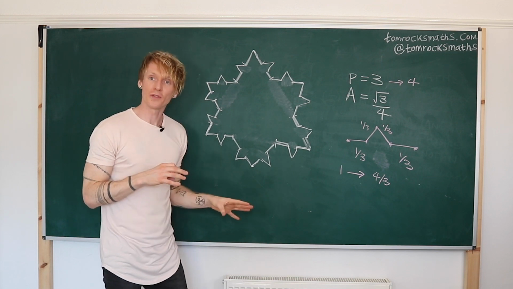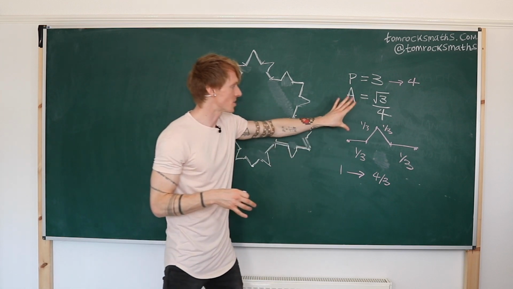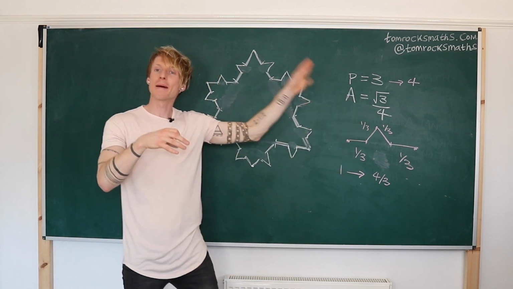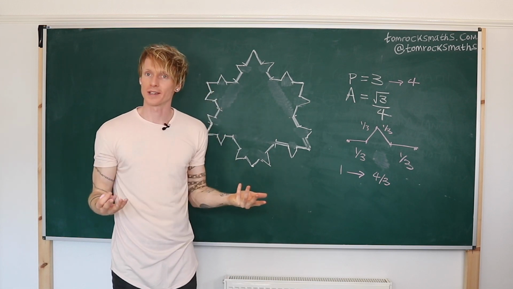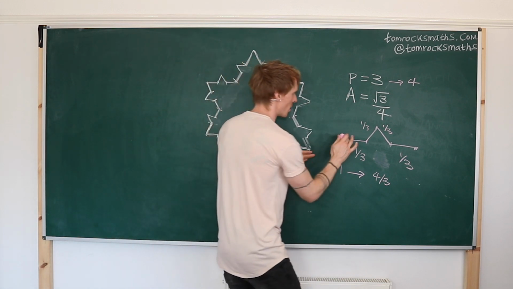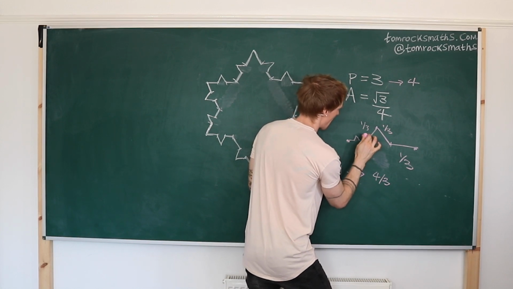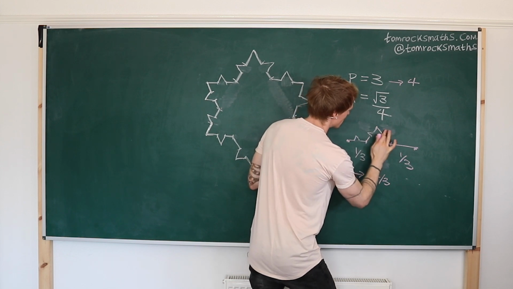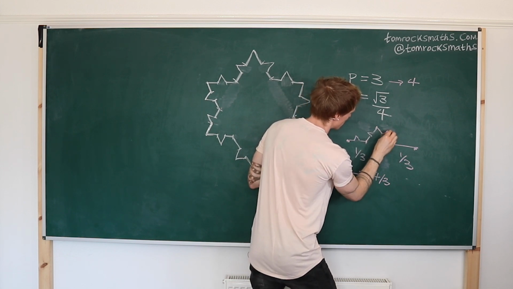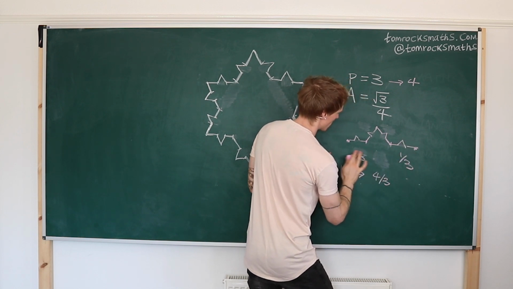So like before, instead of considering the whole shape, we can just look at what happens to this one edge and then multiply by 3 to get the total new perimeter. So we divide each one up into 3 pieces, remove the middle, and add our little wedge.